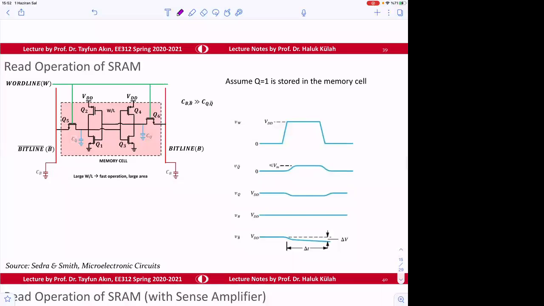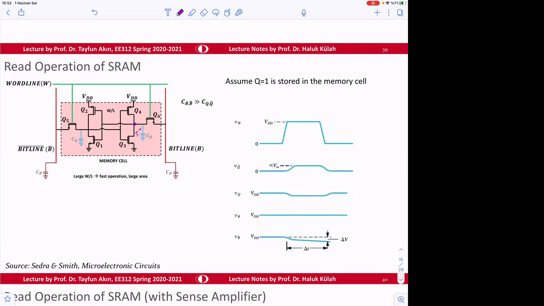So in order to read any data which is already in here, let's assume that here there is 5 volts across this capacitor, the internal capacitor. We don't put any capacitor in there intentionally, but there's already internal capacitance of this node.